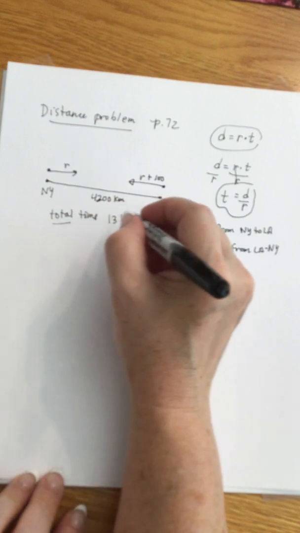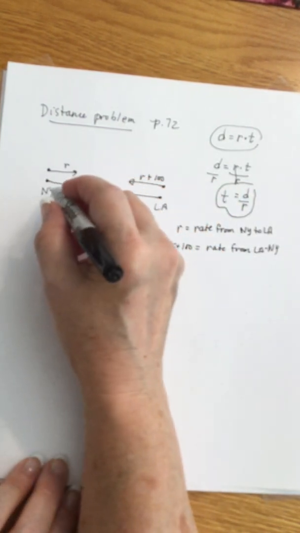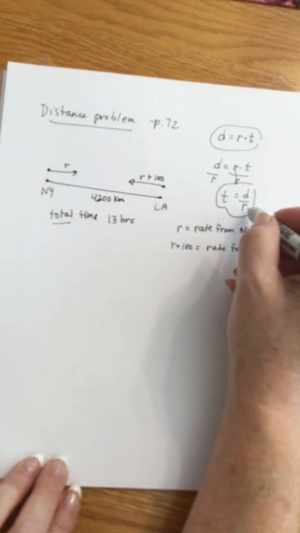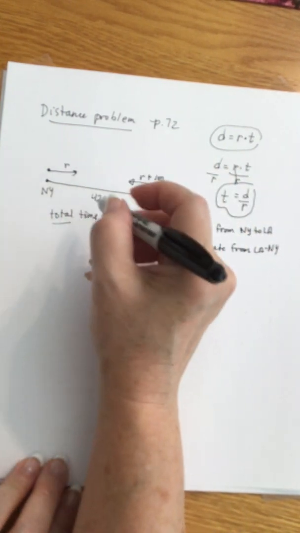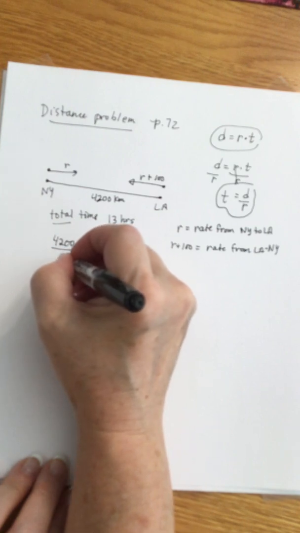Total tells me I'm going to be adding something. So I'm adding going out to coming back. How long did it take to go out? How long did it take to go back? So time is distance divided by rate. So this side, distance divided by rate, is going to give me 4,200 divided by R.